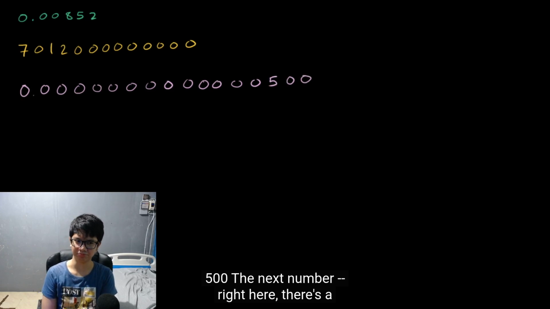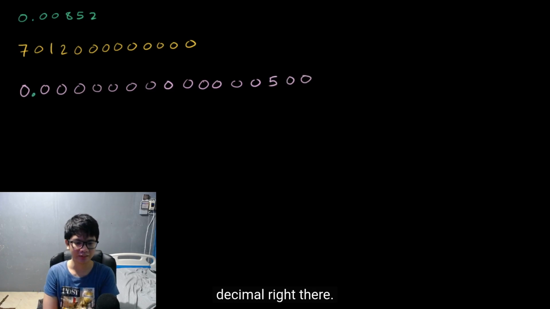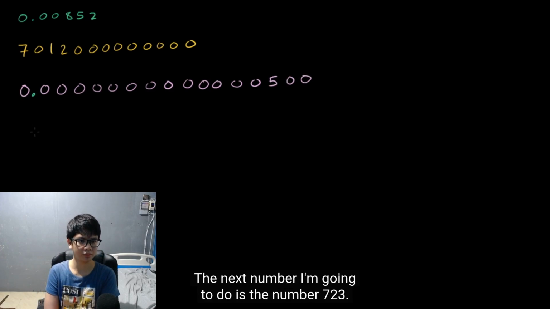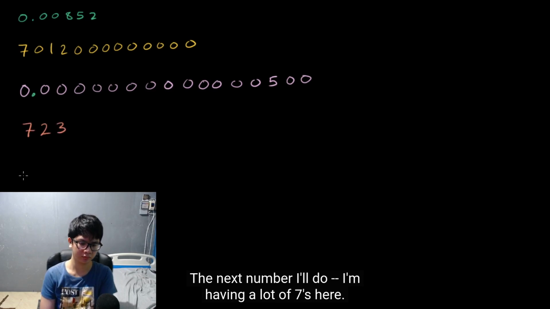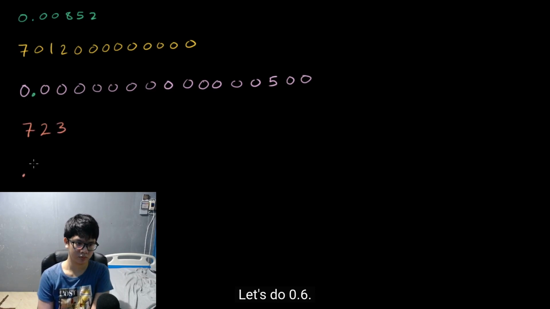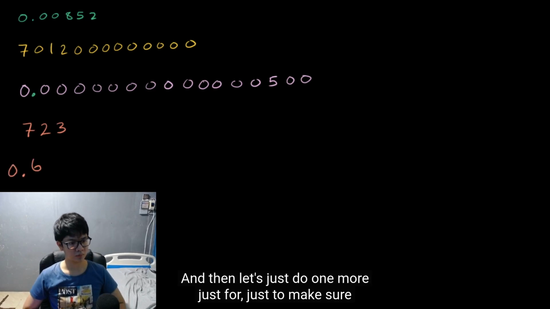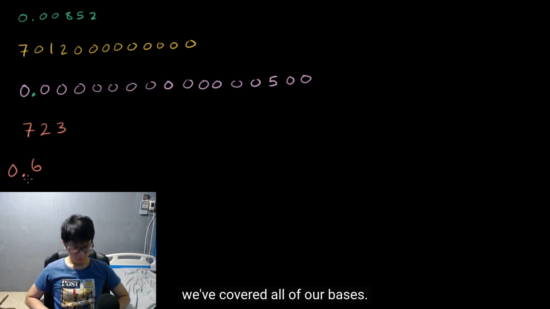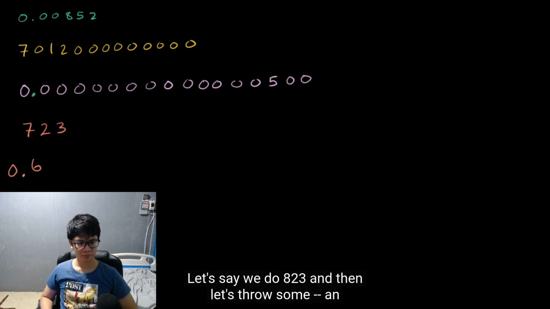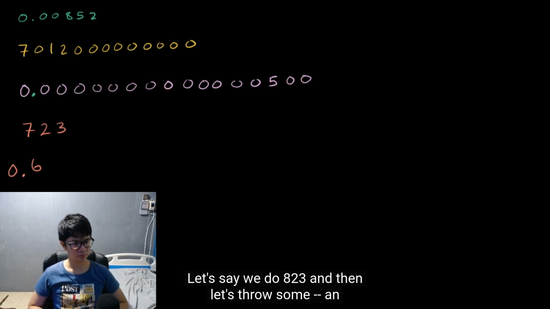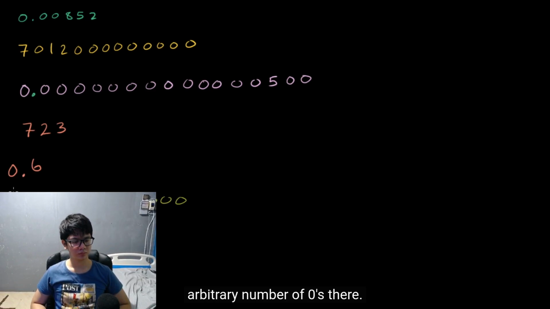The next number right here, there's a decimal right there. The next number I'm going to do is the number 723. The next number I'll do, let's do 0.6. And then let's just do one more just to make sure we've covered all of our bases. Let's say we do 823, and then let's throw some arbitrary numbers right there.